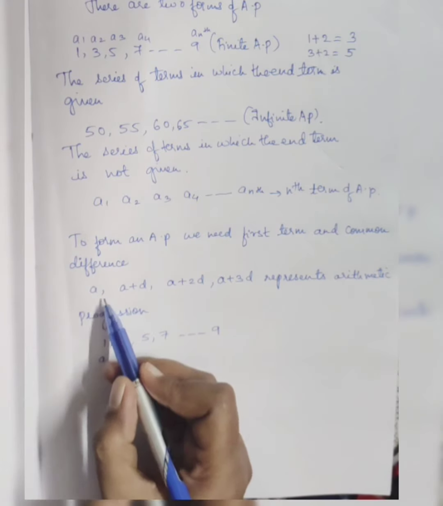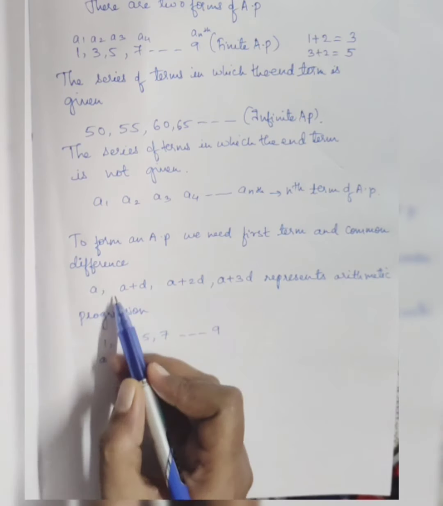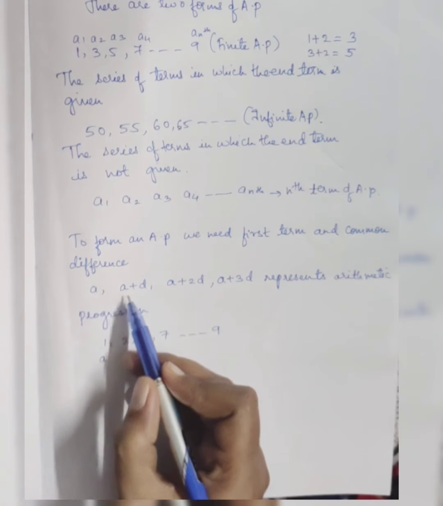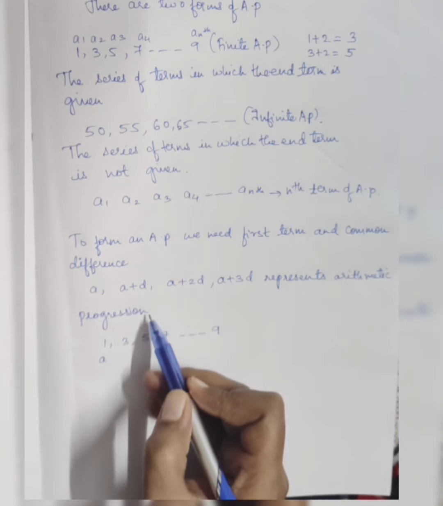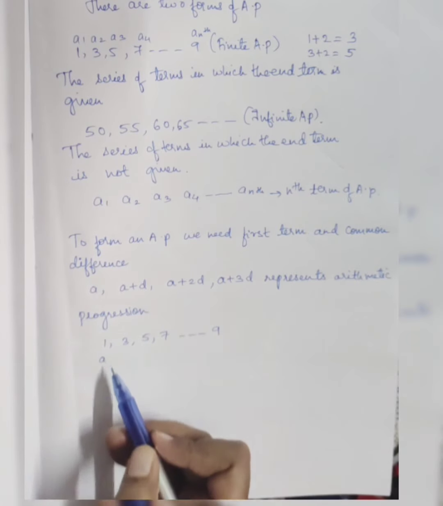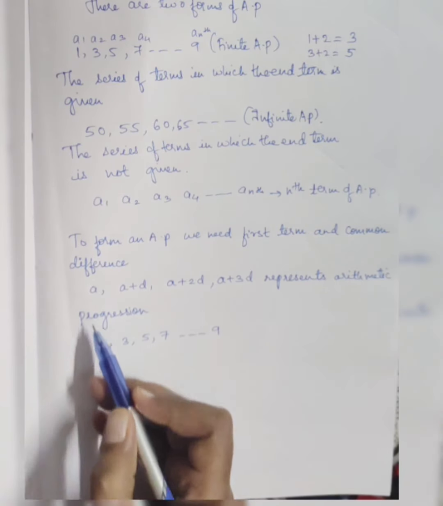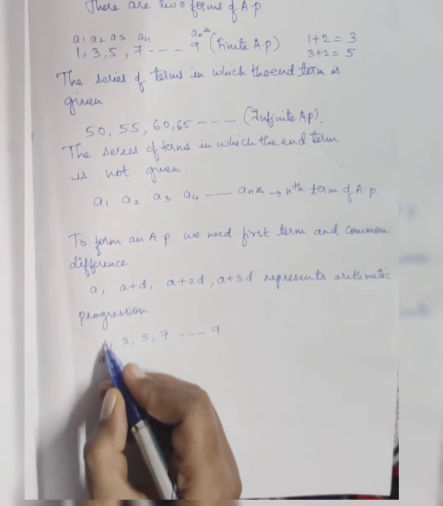So how are we going to prove this part? Generally it is given as A plus D, A plus 2D, A plus 3D. So this represents arithmetic progression. Now we are going to prove this. First term, that is A, is nothing but 1.